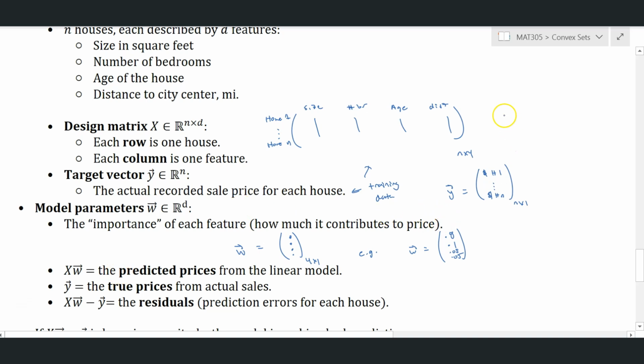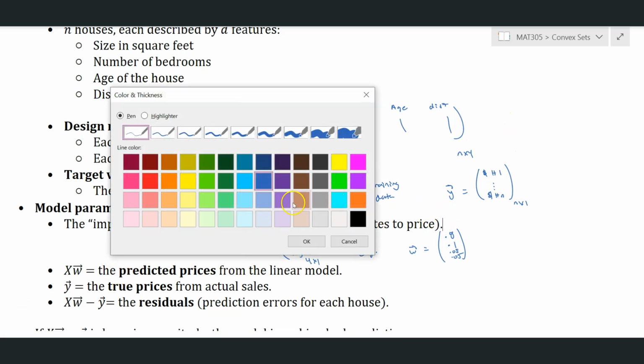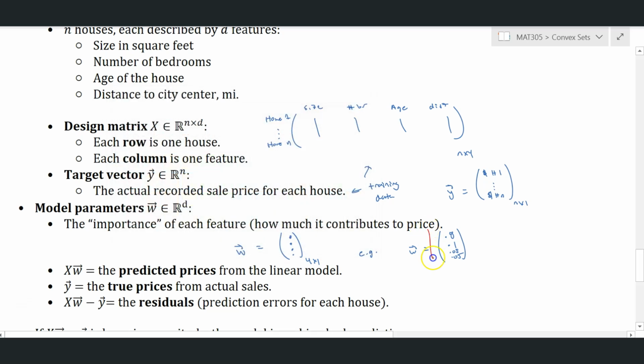Well, if you take this w vector, which contains these weights, and you apply it over here, 0.8, 0.1, 0.05, 0.05, you can see we're going to be scaling size, bedroom, age, distance, and then summing them together, meaning that if we take a big weight and multiply it by size, ideally that term will contribute more to the value or the price of the home than some of the other values.